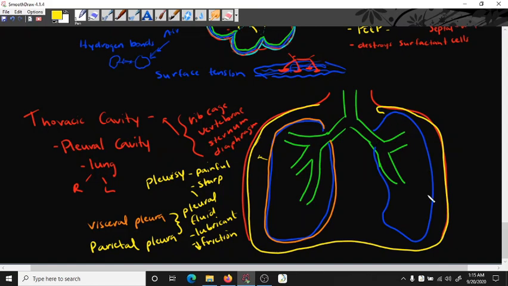I didn't draw the visceral. Obviously, well, real quick. Obviously, we've got the heart in here. And then behind the heart, we have what we call the mediastinum. And this separates the pleural cavities.